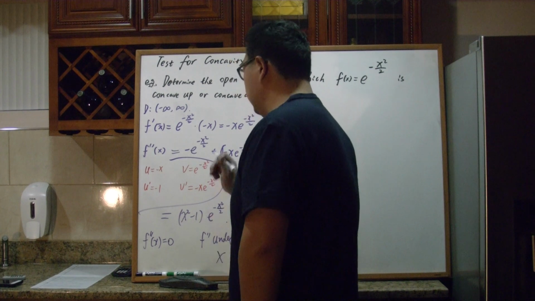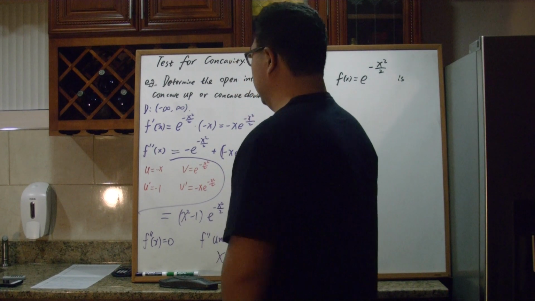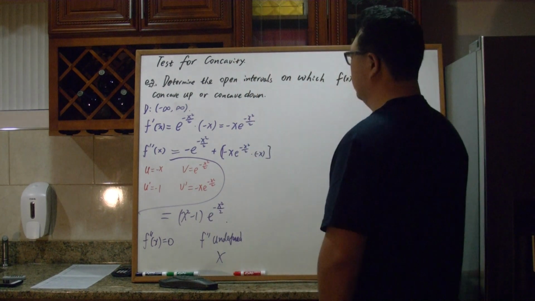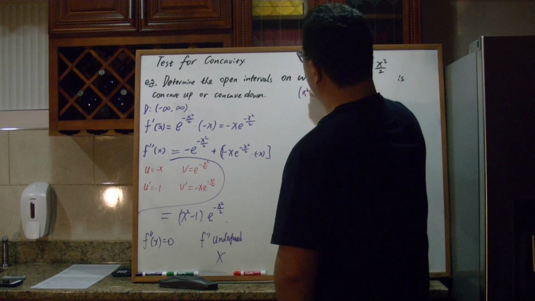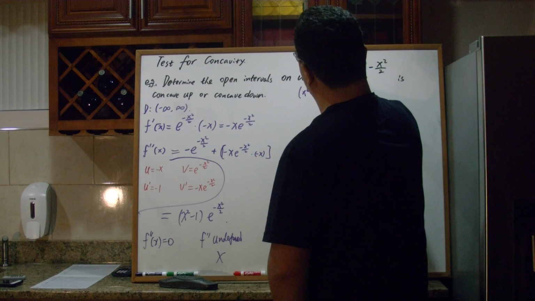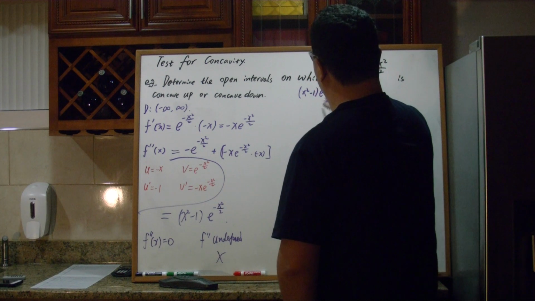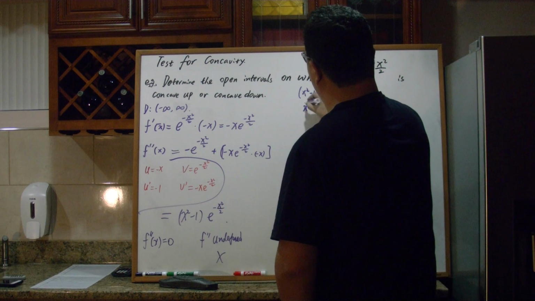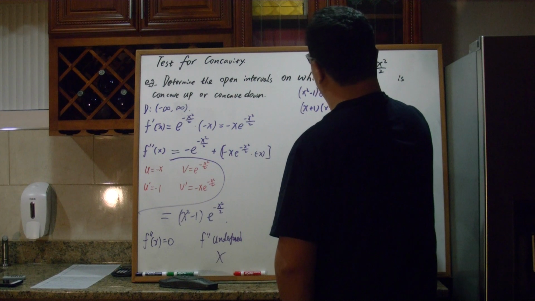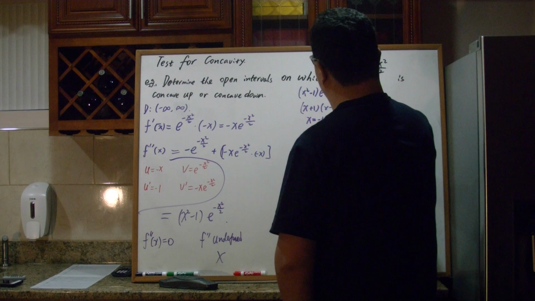It is defined everywhere, so nothing else to find. For f double prime equal to 0, we get x plus 1, x minus 1 equal to 0, so x equals negative 1 and x equals positive 1.